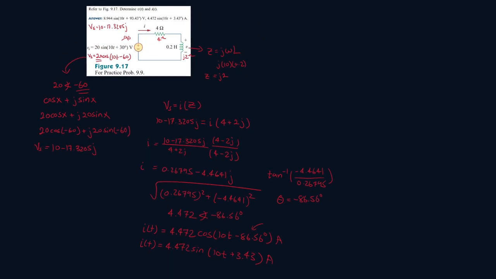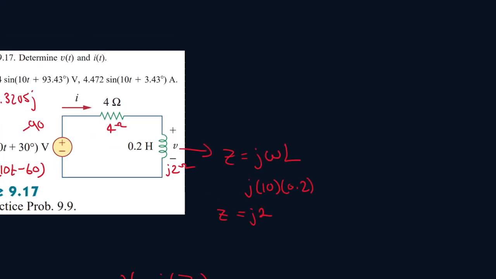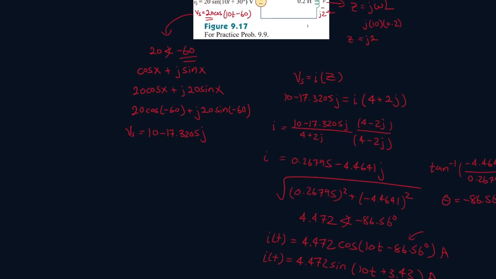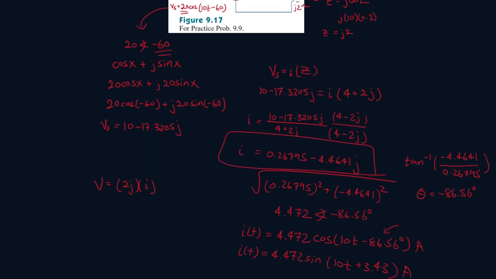Let's solve the second part, which is finding our V value. We see this V value will be equal to its impedance times the current passing through it. So V will be equal to 2J times I. We're going to be using this I. So V equals 2J times 0.26795 minus 4.4641J.